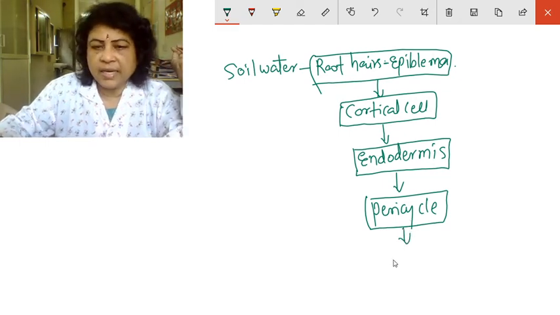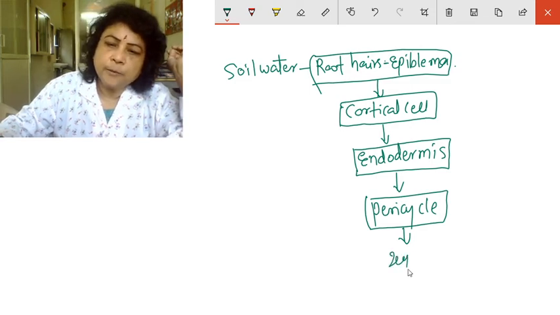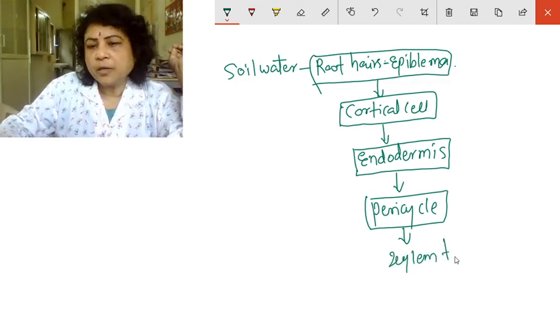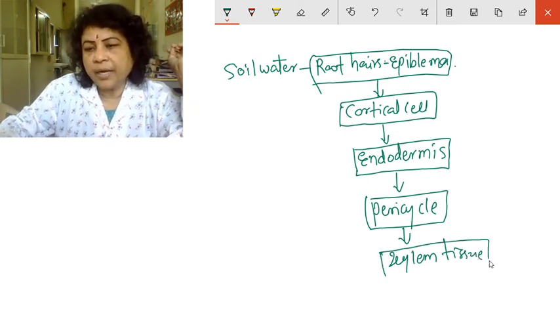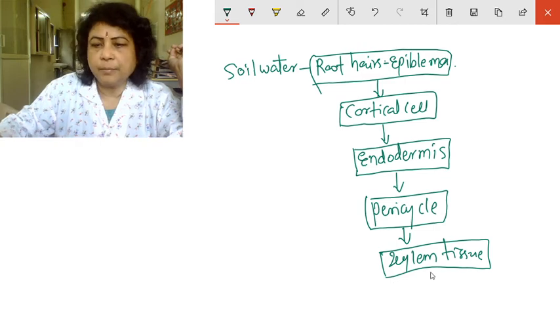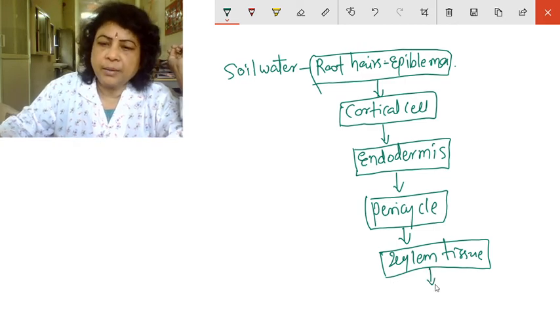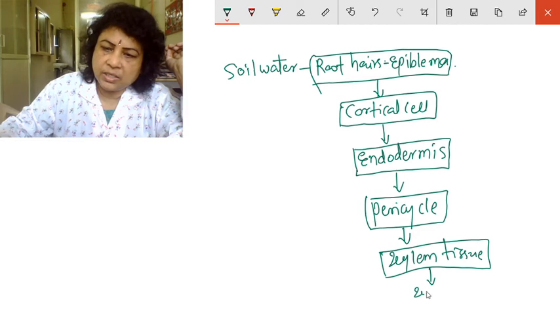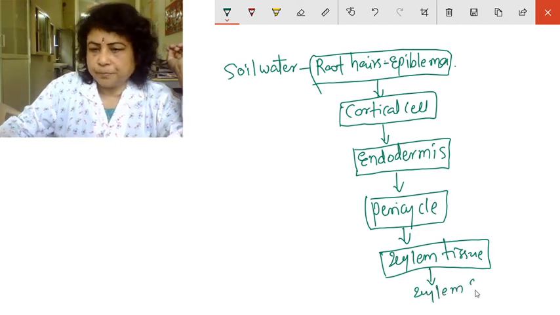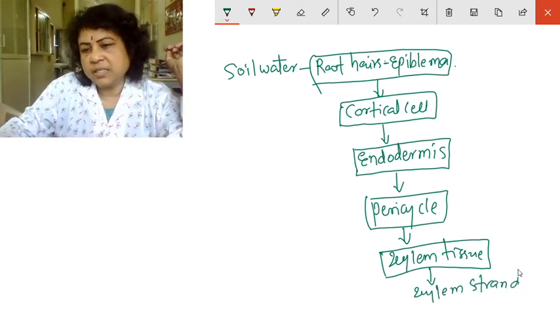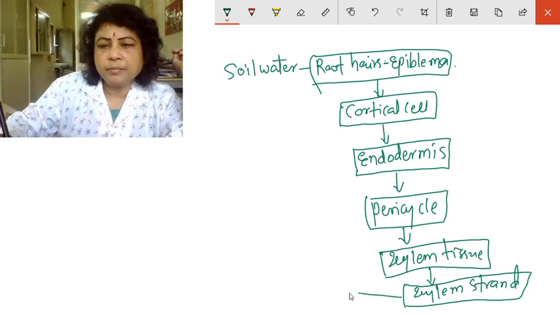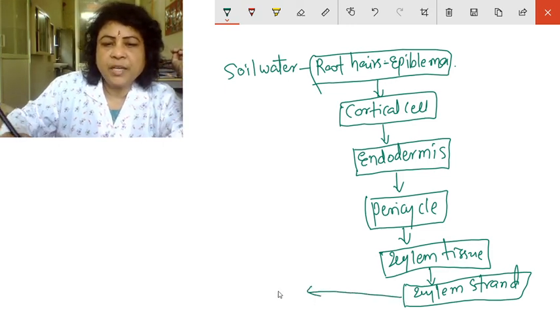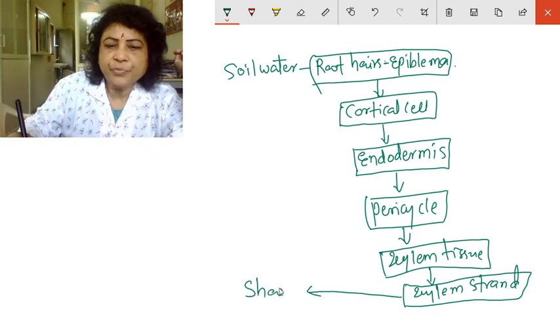Then from the pericycle, it enters into the xylem tissue, that means the protoxylem and then the metaxylem. From the metaxylem and protoxylem, it enters into the xylem strand, and from the xylem strand it enters into the shoot.